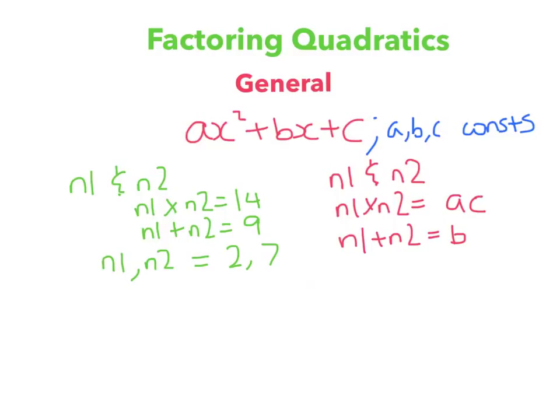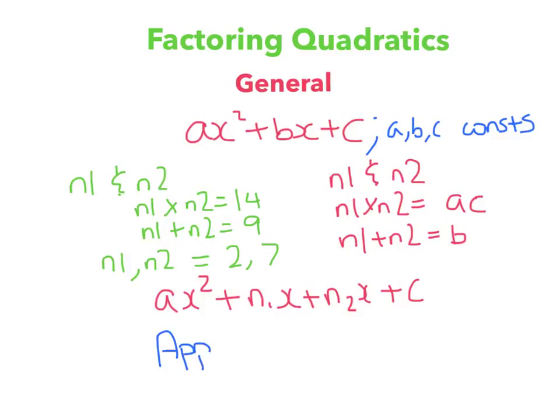And then you're going to rewrite the quadratic as ax squared plus n1 x plus n2 x plus c. And we see that this is valid because, remember, n1 plus n2 equals b. And at this point, all you have to do is apply the rules from grouping that we learned in the last slide, and you'll be able to factor your quadratic.